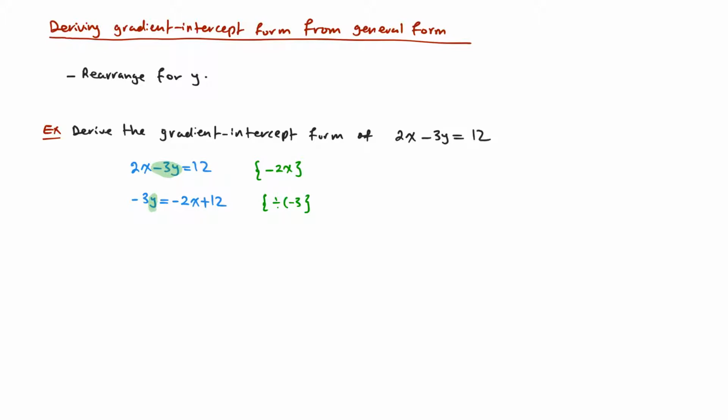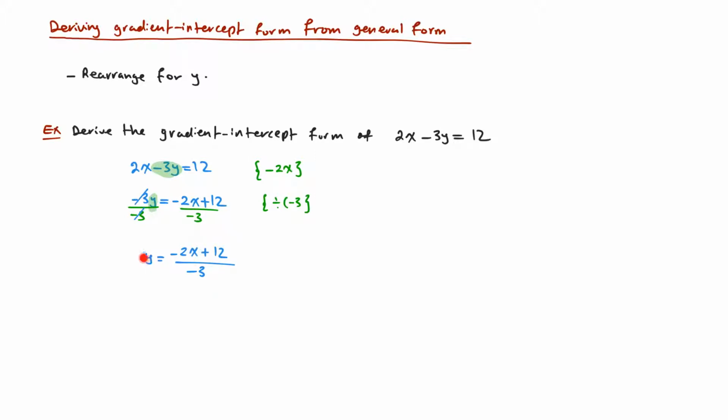I'll write it in green over here. Divide by negative 3, divide by negative 3. And I get negative 3 divided by negative 3 cancels out, and I'm left with y. And on this side, I get negative 2x plus 12 over negative 3.